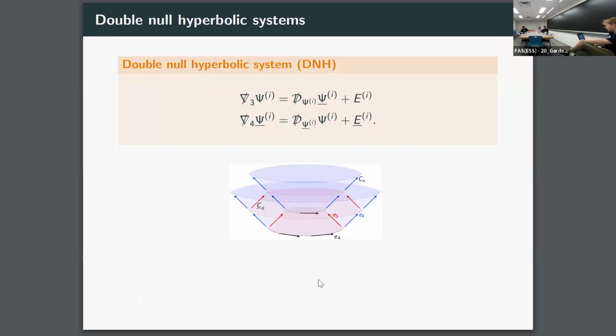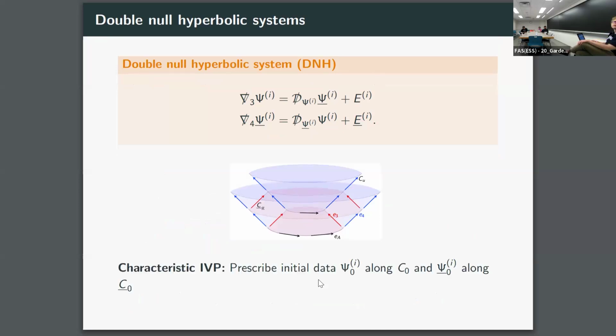Okay, and right, these are transport equations in certain directions, so it's very natural to consider them in the characteristic initial value problem, where you're prescribing initial data not along a space-like t equals 0 slice, but along these initial null hypersurfaces. And again, I've just drawn these vector fields to visualize which directions these transport equations are propagating in.